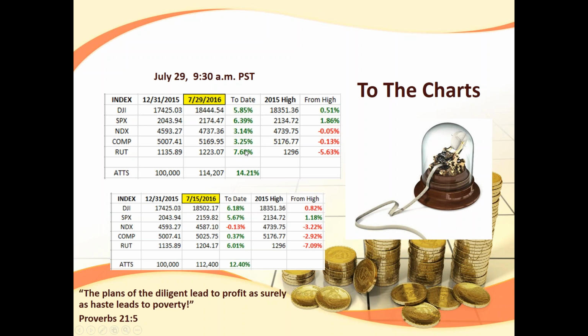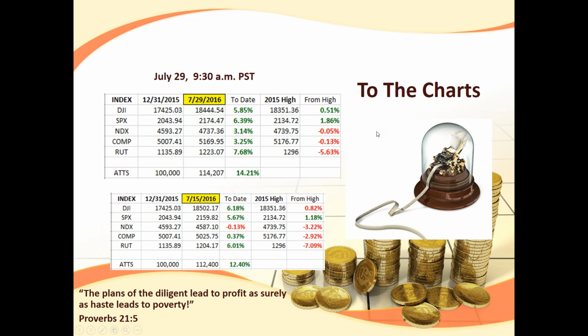The longer the Fed waits to raise interest rates, the better the Russell will perform, because most of the small cap stocks are much more interest rate sensitive than some of the larger big caps that fill into the NASDAQ Composite, NASDAQ 100, and the S&P.